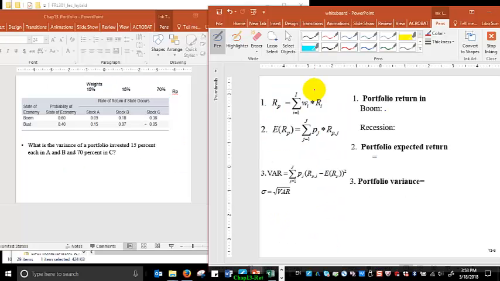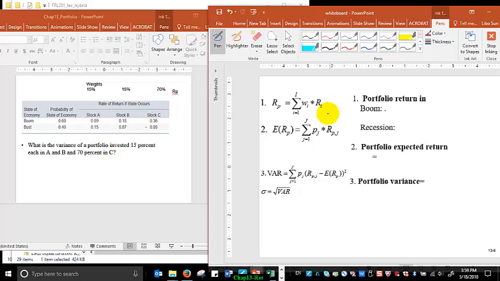Now, let's take a look at one example. You are given a portfolio. There are two possible economies, boom and bust. The portfolio is made of 3 stocks A, B, C. You put 15% in A and B, 70% in C. We find the variance of this portfolio. To do this, first we find the portfolio return in boom or bust.